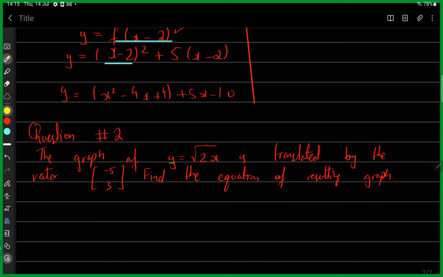This is basically the equation of the original graph. This is your translation vector. I've told you this one is for x, this one is for y.